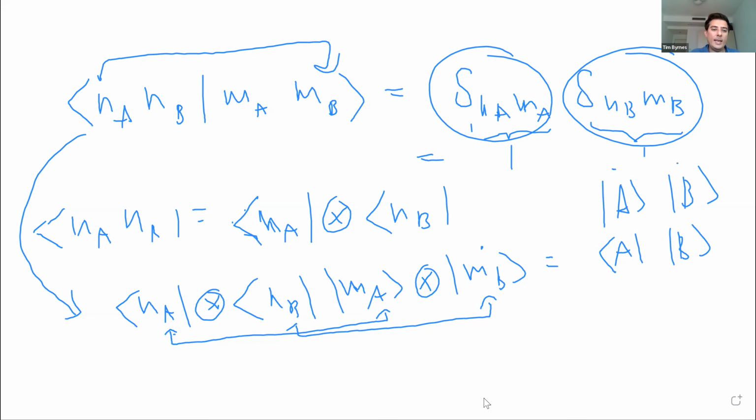But in the case of NA and MB, these are different vectors in different spaces. They might even have different dimensions. In the case that we looked at, we were always looking at the case where the dimensions of A and B are the same. But you could have a situation where Alice has dimension 2 and Bob has dimension 5. Now, you cannot take the inner product between things of different dimensions. So I think they're just not compatible to create an inner product. Yeah.